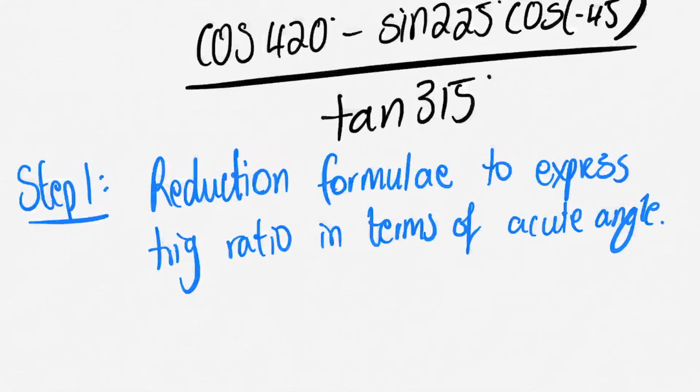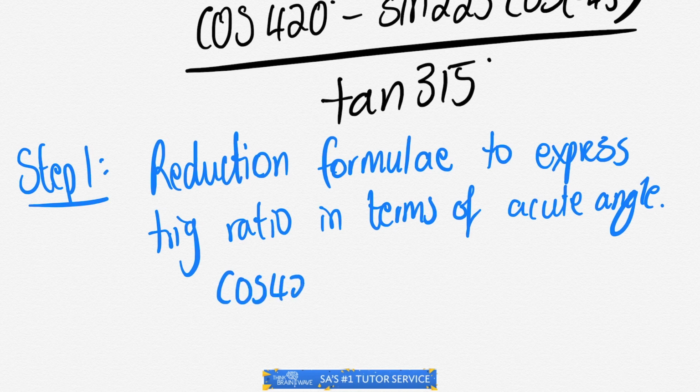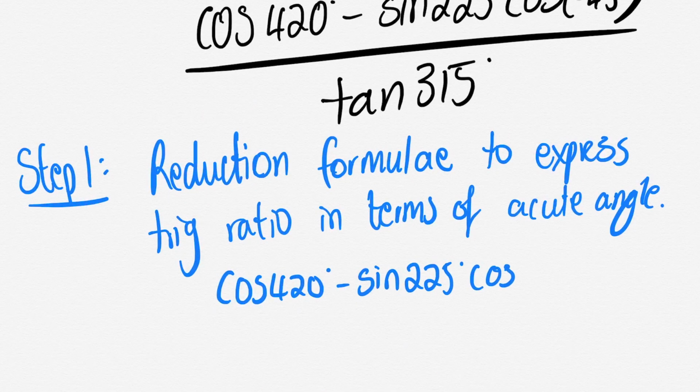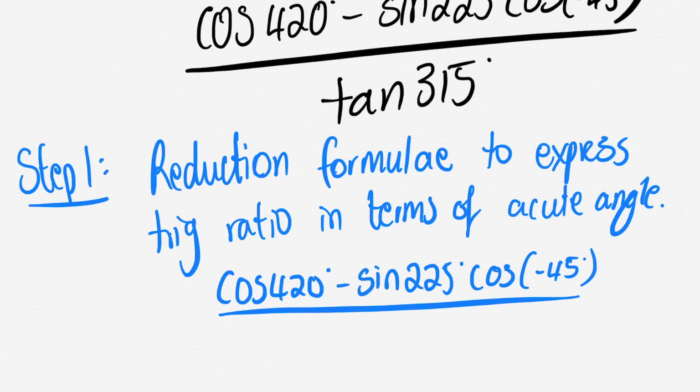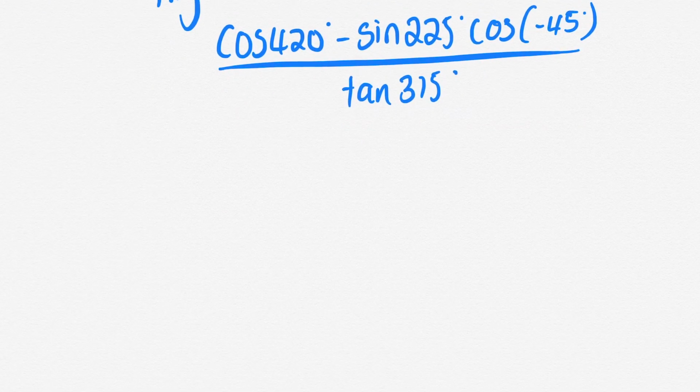Let's use the reduction formula to express this trig ratio in terms of an acute angle. Let's rewrite the question. We have cos 420 minus sine 225 times by cos of negative 45 over tan of 315.